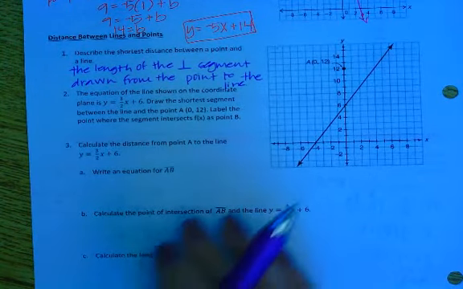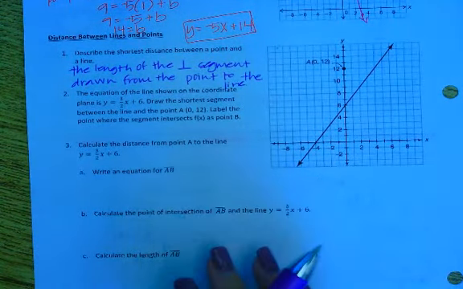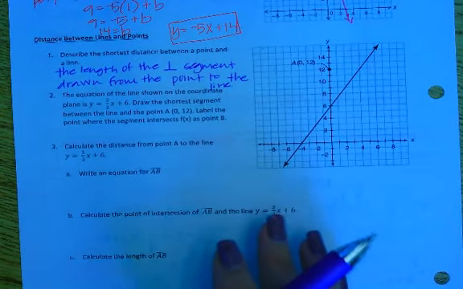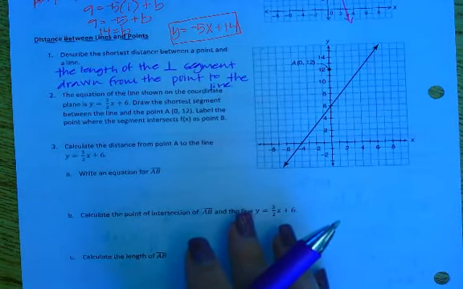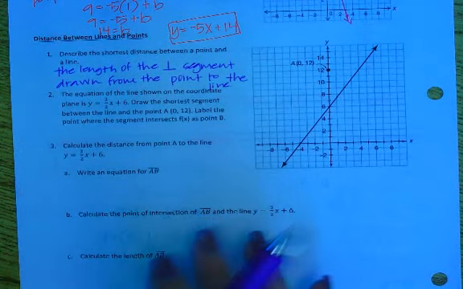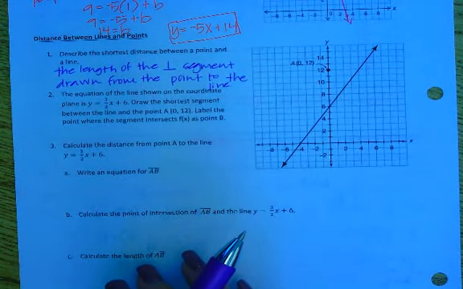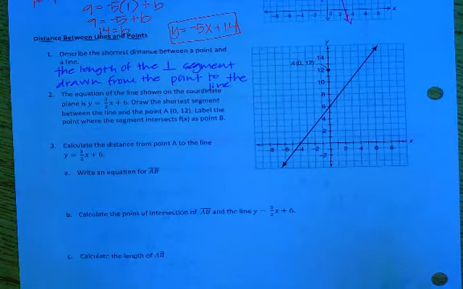The equation of the line shown on the coordinate plane is y equals 3/2 x plus 6. Draw the shortest segment between the line and the point A (0, 12). Label the point where the segment intersects f of x as point B.